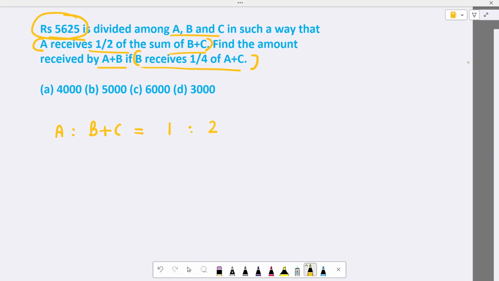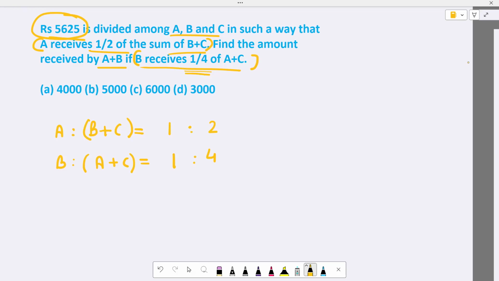Since if B plus C get 2, then half will be 1, which will be received by A. Now they are saying that B receives 1/4 of A plus C. So we'll write B here and then A plus C. This will be equal to 1:4, which means that if A plus C are earning 4 units, then B will earn 1 unit, since it is receiving 1/4 of A plus C as given in the question.